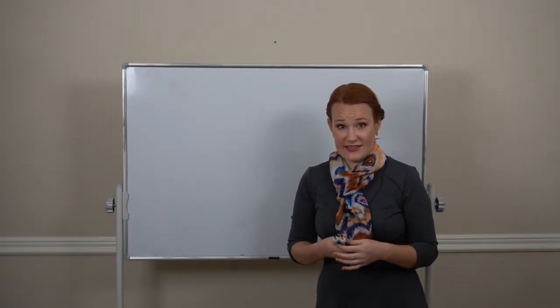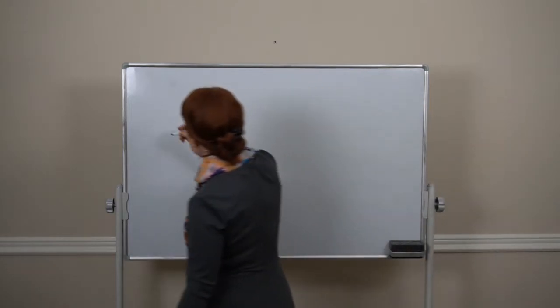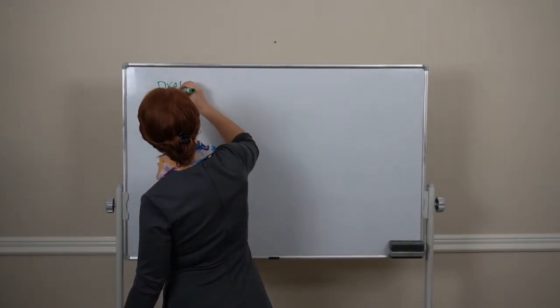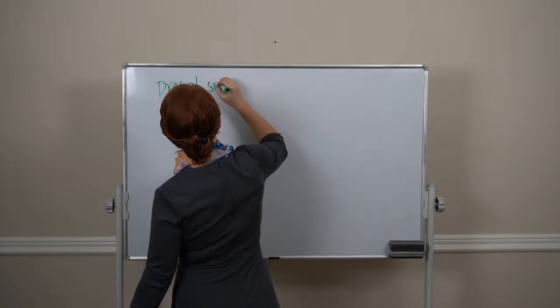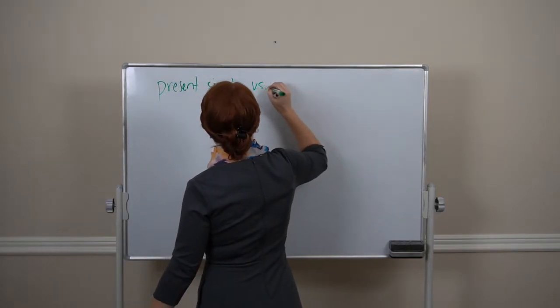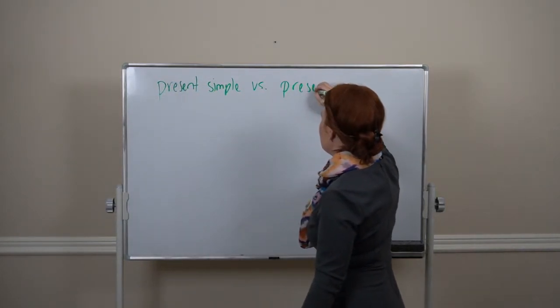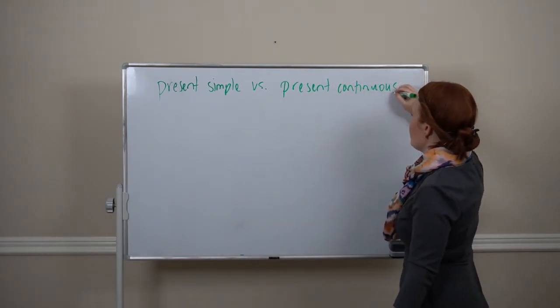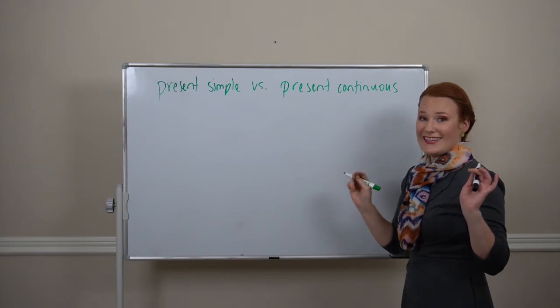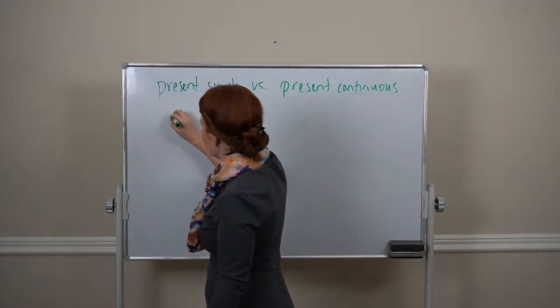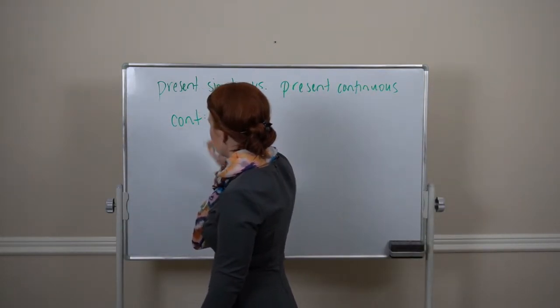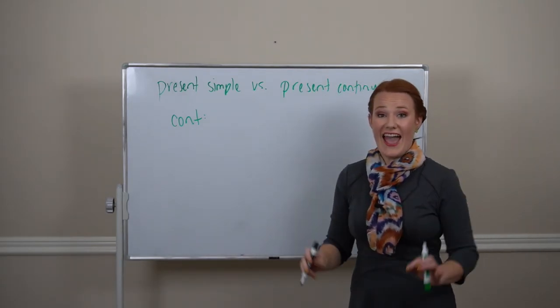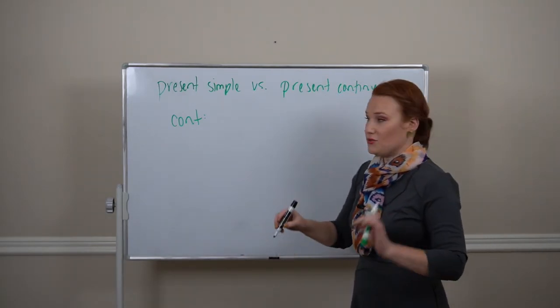So we'll start with present tense, okay? Present simple versus present continuous. All right, so present continuous. We use this for an action that is happening right now.